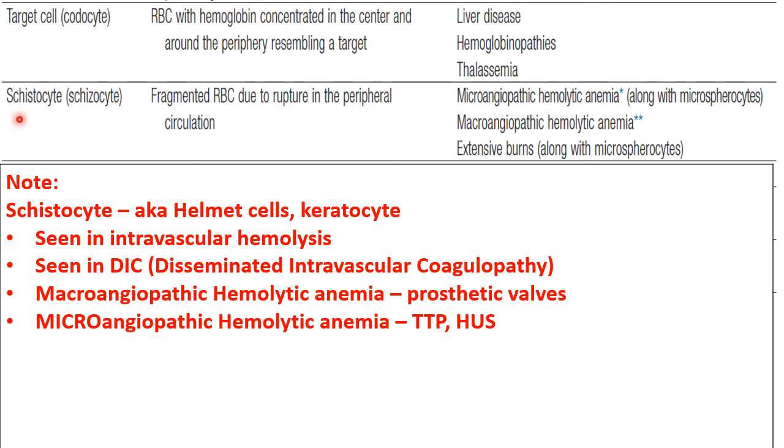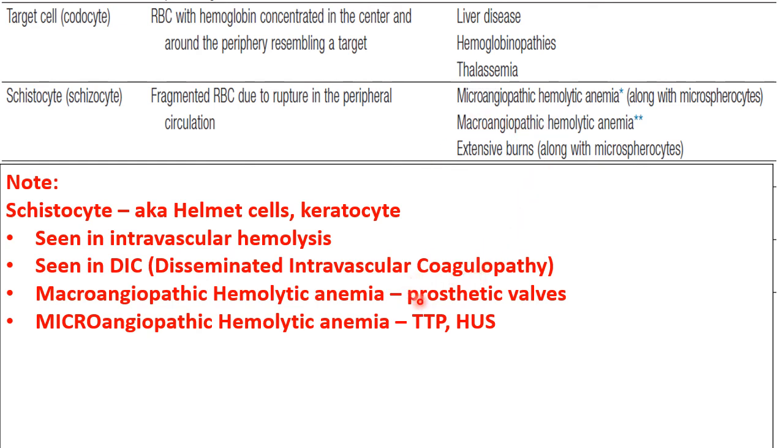So, lagi silang partner with your spherocytes. Okay? And in other conditions, it is mostly seen in intravascular type of hemolysis, DIC or disseminated intravascular coagulopathy.